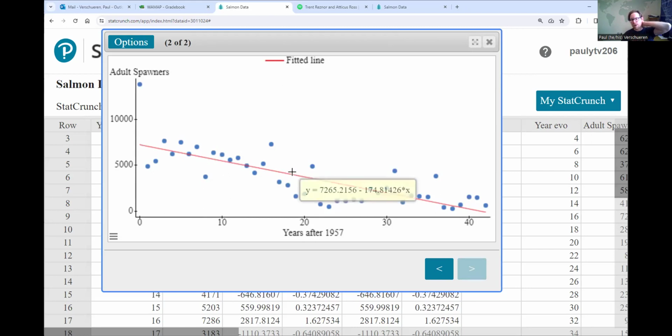If you float over that red line, it pops up the equation, 7265.2156 minus 174.81426 times X. For any value of X, say X were 20, that would be the year 1977. If you plugged 20 in for X and did that calculation, you'd get the predicted salmon count for 1977.